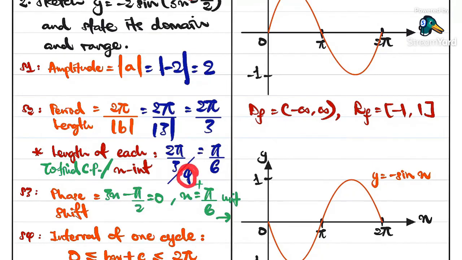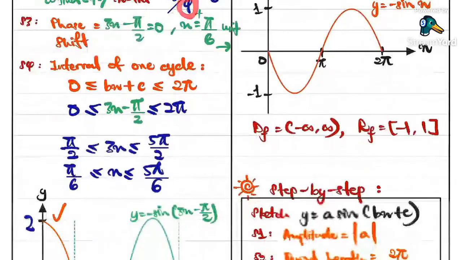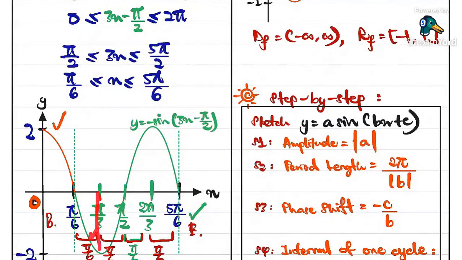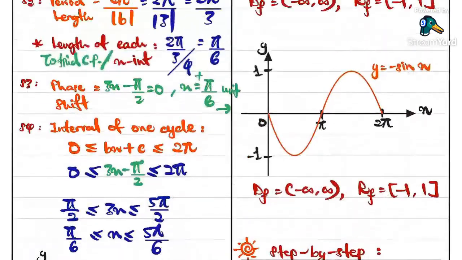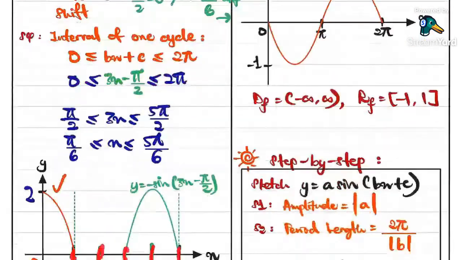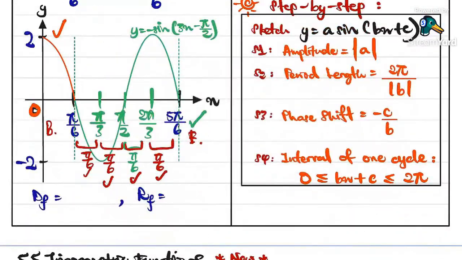I think you understand why do we divide with 4 already, because each part of this is 1 region, 2 region, 3 region, and 4 region. That's why there are 4 regions there. There are 4 critical points, isn't it? That's why we divide it with 4. And therefore, it is the completed graph, the completed sketching graph.